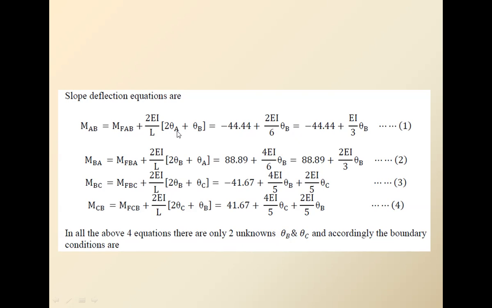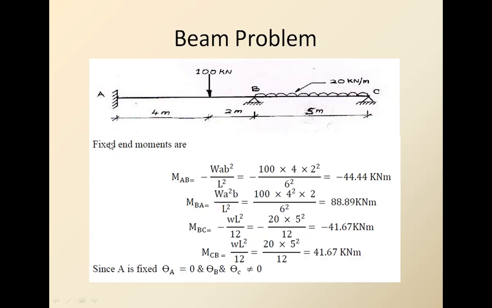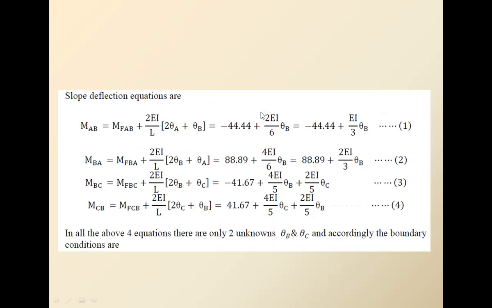So here there are 3 joints and 2 spans. Each span will have 2 equations corresponding to each end. So MAB and MBA for the span AB, and we have MBC and MCB for the span BC.